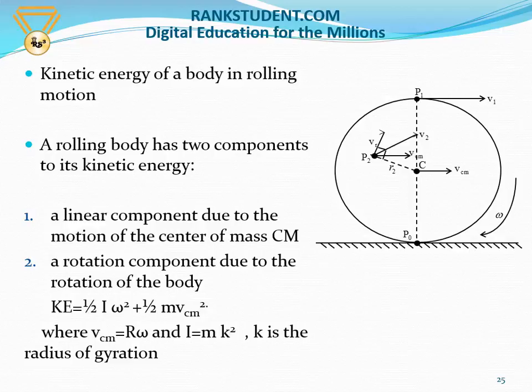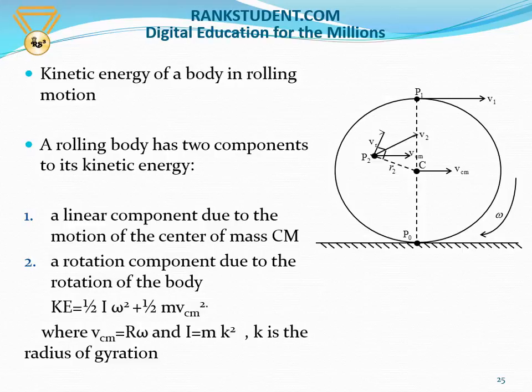The kinetic energy becomes the sum of the rotational energy, half of I omega squared, plus the component of the linear motion, half of m vcm squared, where vcm equals r omega and I equals mk squared. K is the radius of gyration.